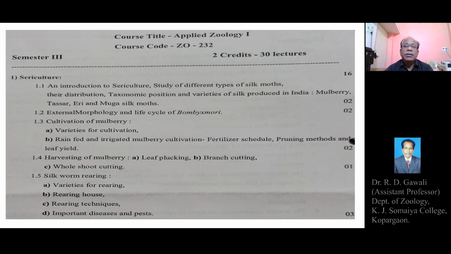So these are some of the advantages and disadvantages while harvesting mulberry.